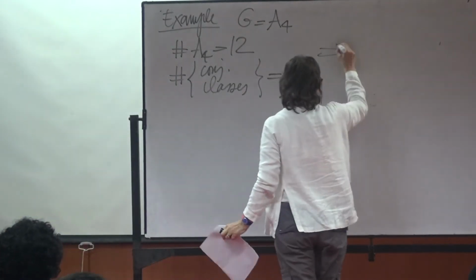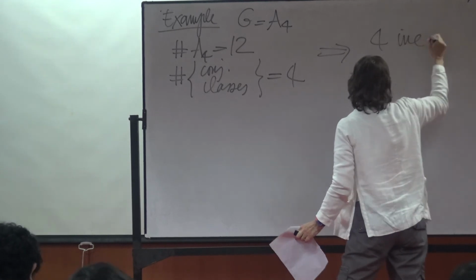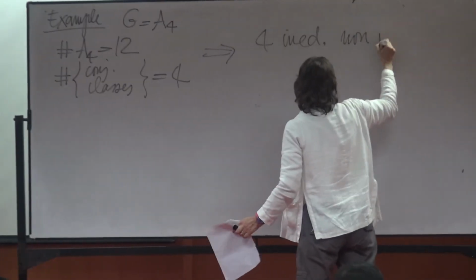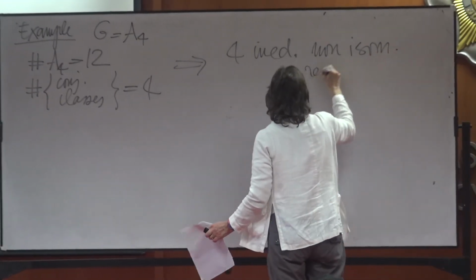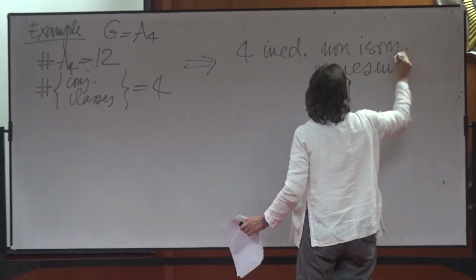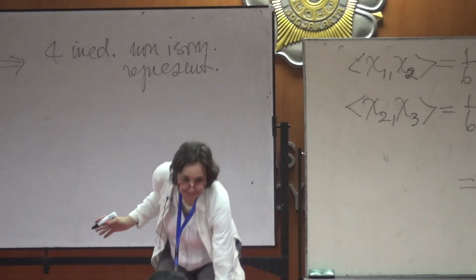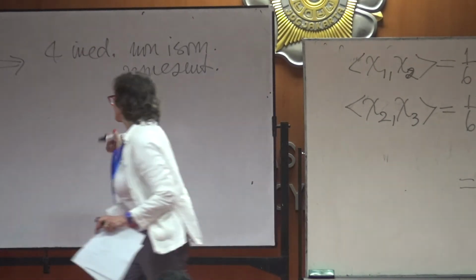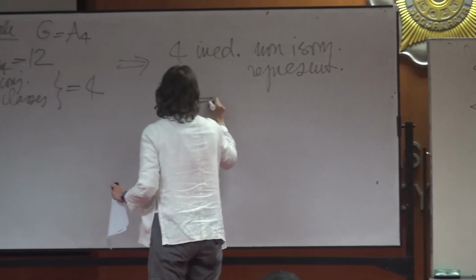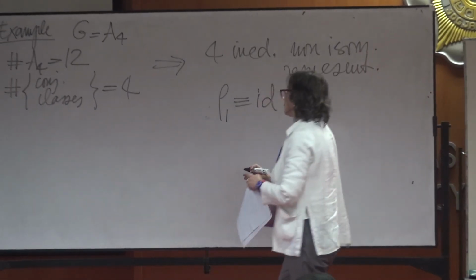So 4 irreducible, non-isomorphic representations. So 2 we get for free almost. One is the identity, no? So rho 1 is equal to the identity.